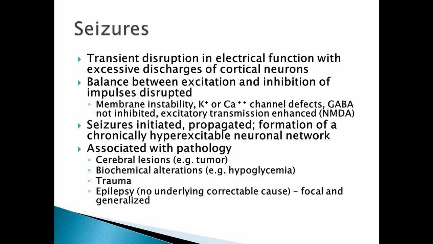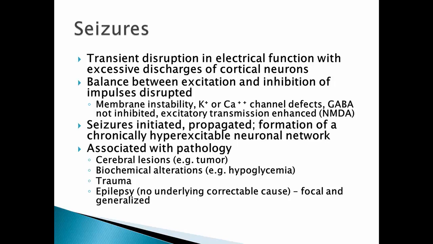When we think about what a seizure is, it's a transient disruption of electrical function. And because there's a disruption of the electrical function, there's an excess discharge of those cortical neurons. So what you've lost is a balance. With seizure, you've lost the balance between excitation and inhibition of impulses.